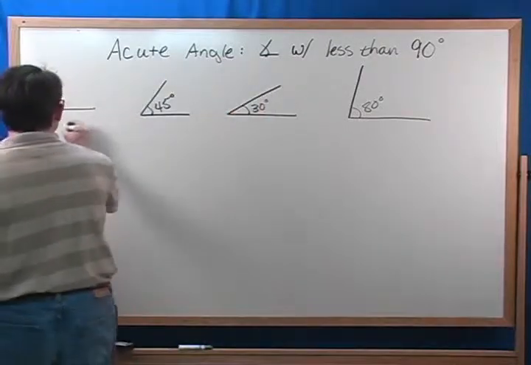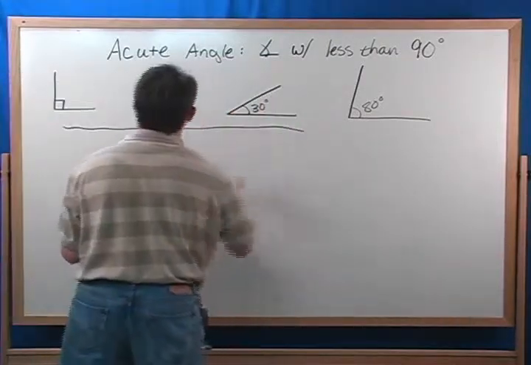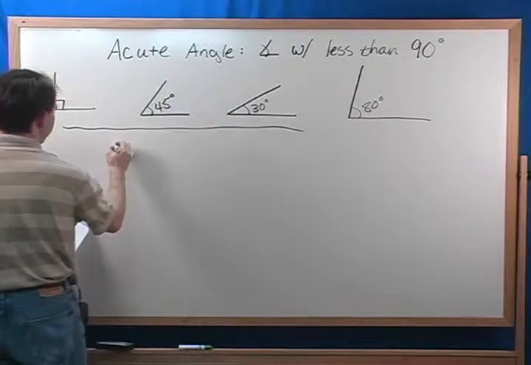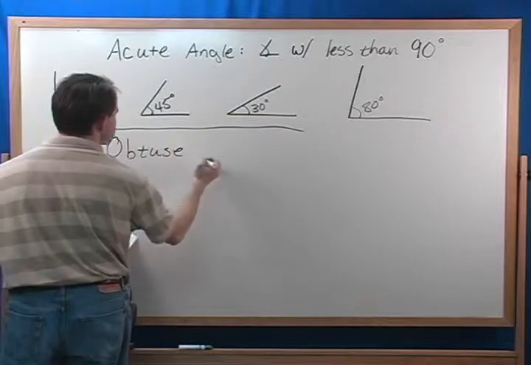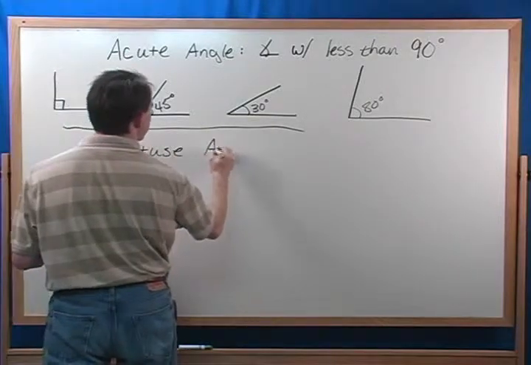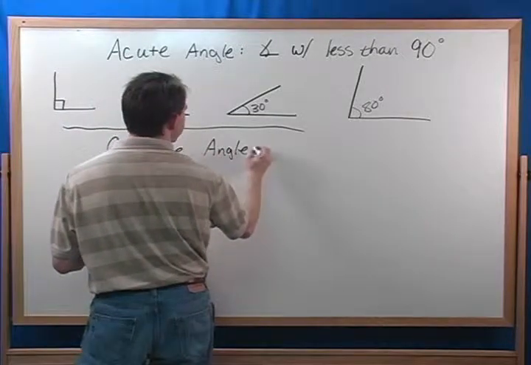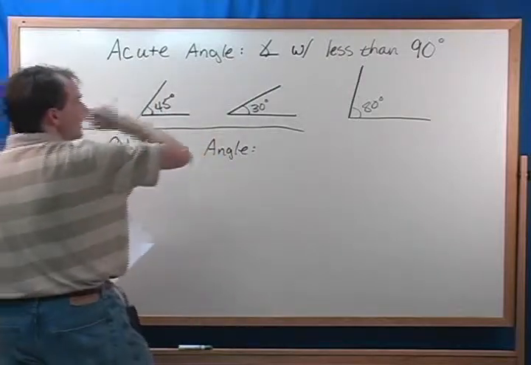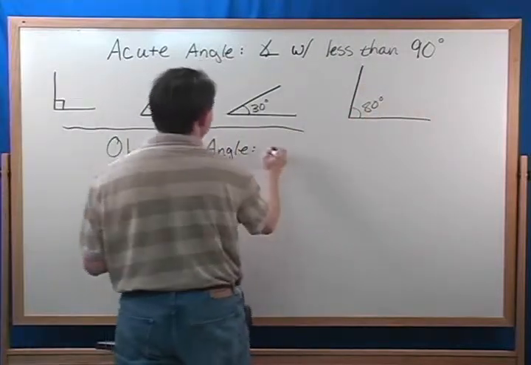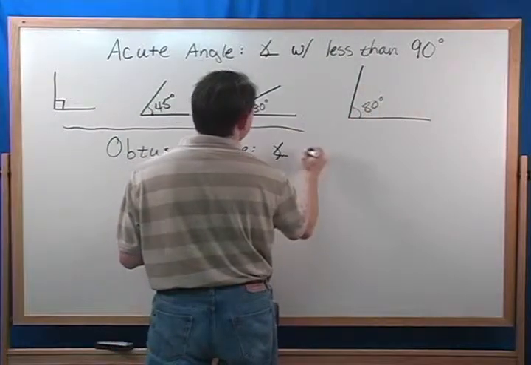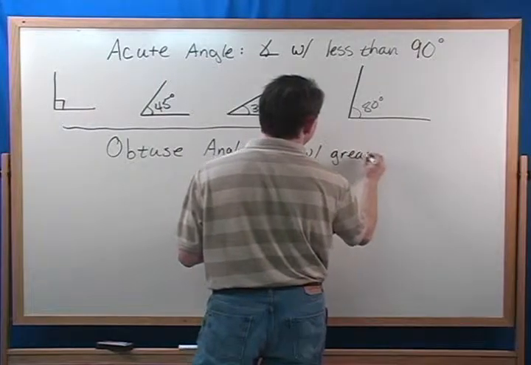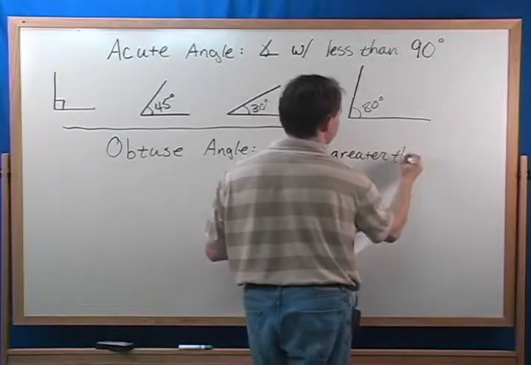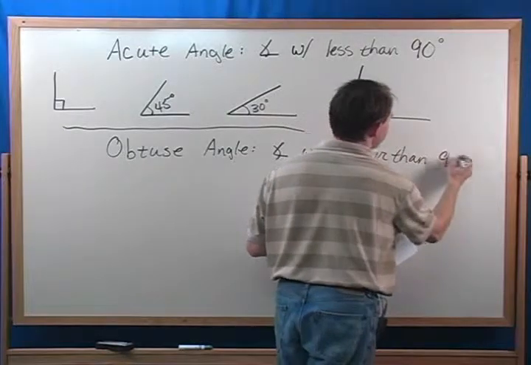Now let's talk about another kind of angle, when we're classifying our angles, called an obtuse angle. Well, what do you think this is going to be? If an acute angle is less than 90 degrees, then an obtuse angle is just an angle with greater than 90 degrees.